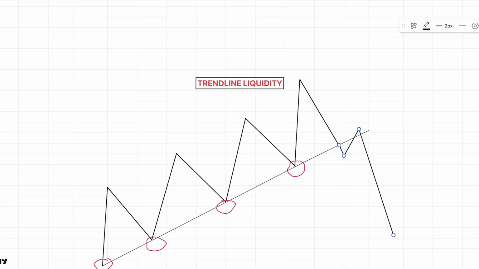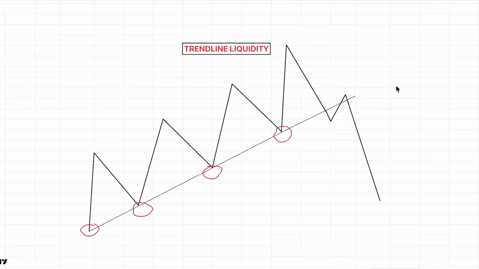Now, if you go back to the concept of structure, remember we started by explaining market structure. Now you realize that if you're going to do market structure delineation, you're going to find out that you have a break of structure here, break of structure here, break of structure here as price goes up. Now, the elements of a genuine trend is to have higher highs and higher lows in an uptrend, and then lower highs and lower lows in a downtrend.